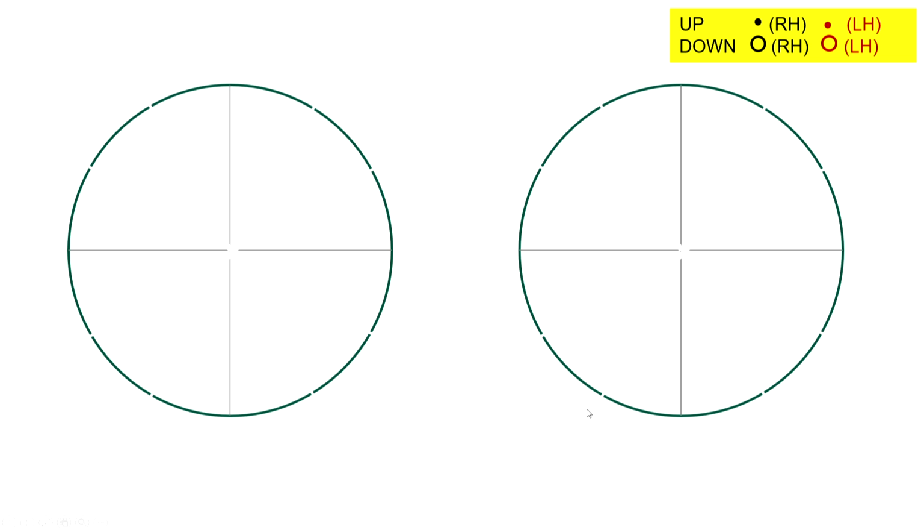Now, consider this time 3 bar. So, I have a threefold roto inversion. I again start with a point in the up position, upper hemisphere. Now, I rotate by 120 degrees.